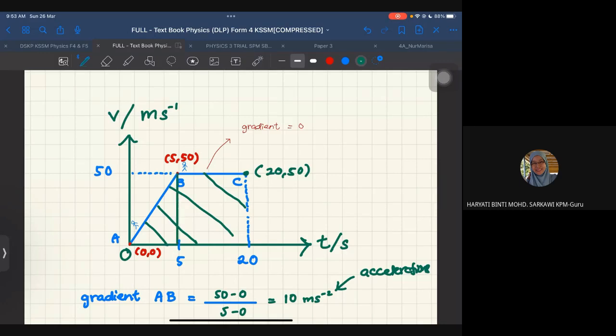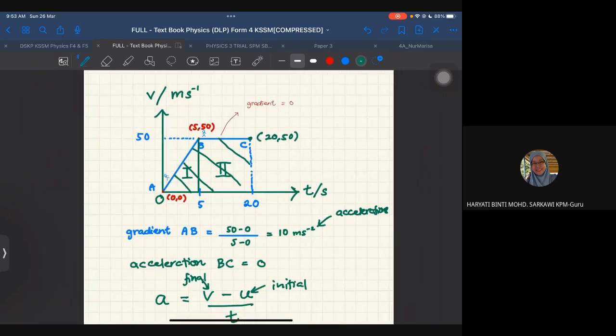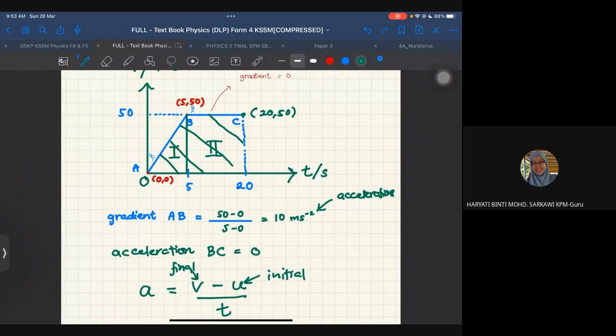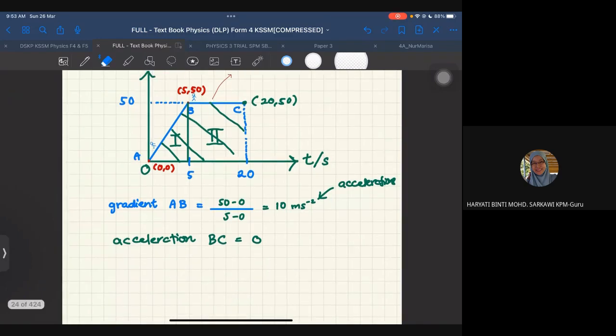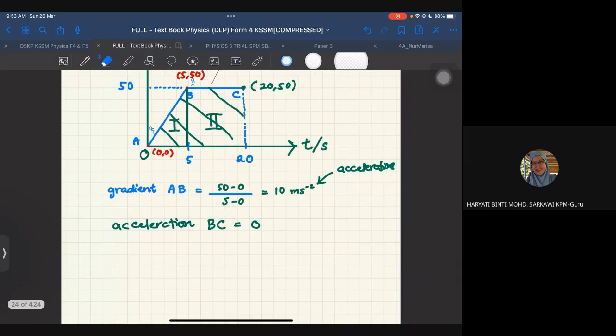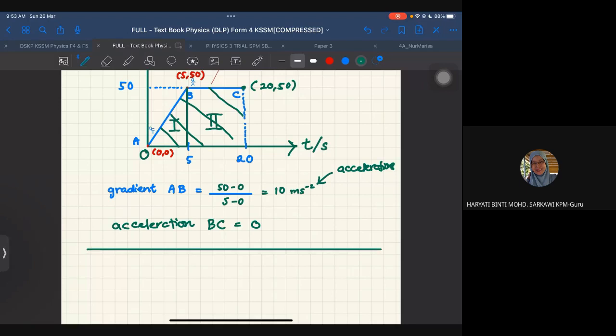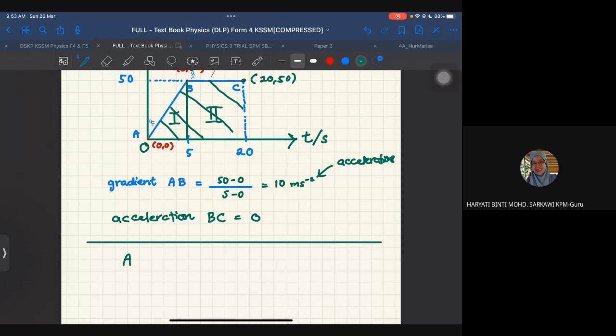Part 1 is the triangle, and then the second part is the rectangle. Like this also can, mixed. Okay, try calculate area under graph.